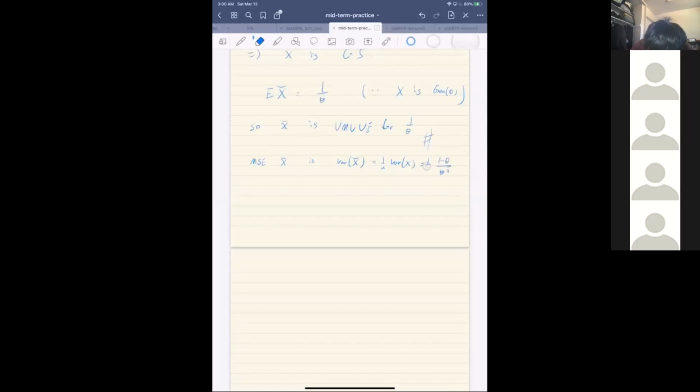Okay, so that is the mean square error. So if you can identify the distribution, it will be very helpful.